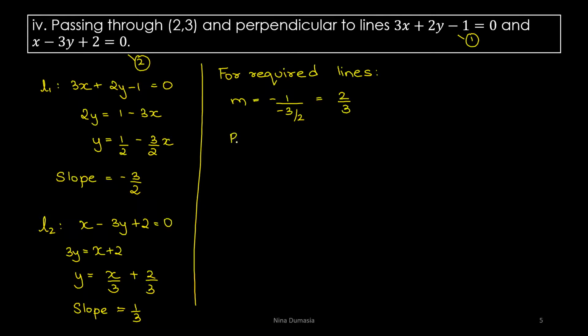So then by slope point form we get y minus 3 is equal to 2 by 3 x minus 2.